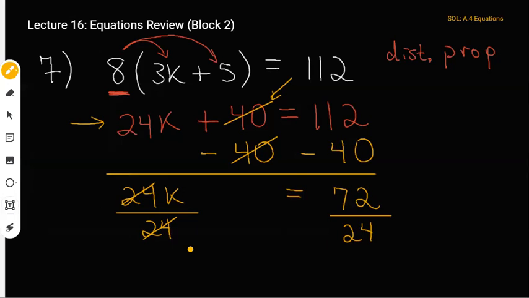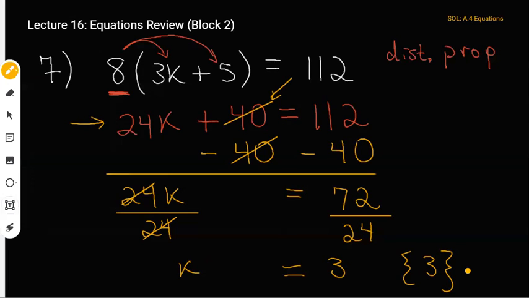When you divide 24 by 24, that's going to give you a 1. So those 24s are going to cancel out, just leaving the variable. On the other side, I have 72 divided by 24. That's going to give you the 3. And I put that inside of the solution set. That's going to be our answer for that one, positive 3.